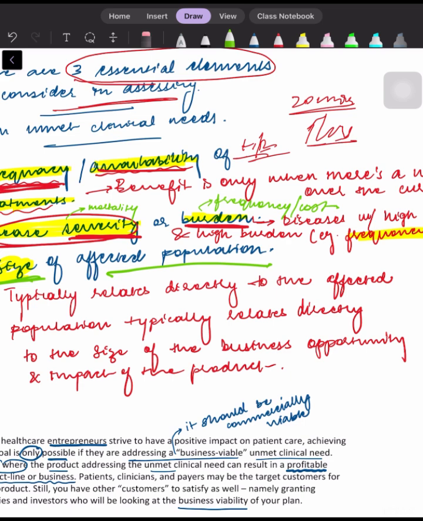The whole world was in a pandemic, right? So, in that case, if I come up with a drug, or a vaccine, or a treatment, then that is going to be very viable for my business.